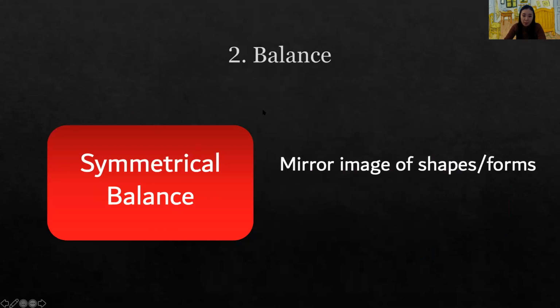Symmetrical balance is the mirror image of shapes or forms on either side of an imaginary axial dividing line. The elements correspond to one another in size, shape, and placement.